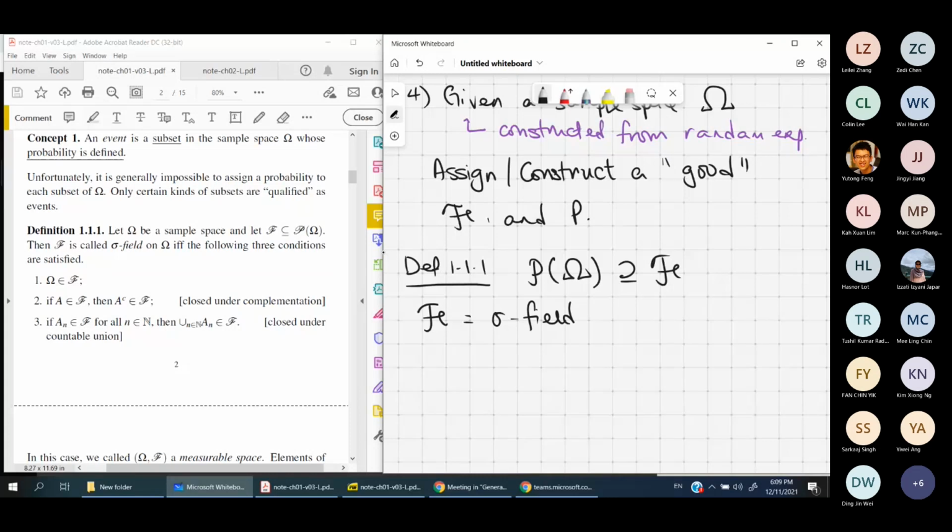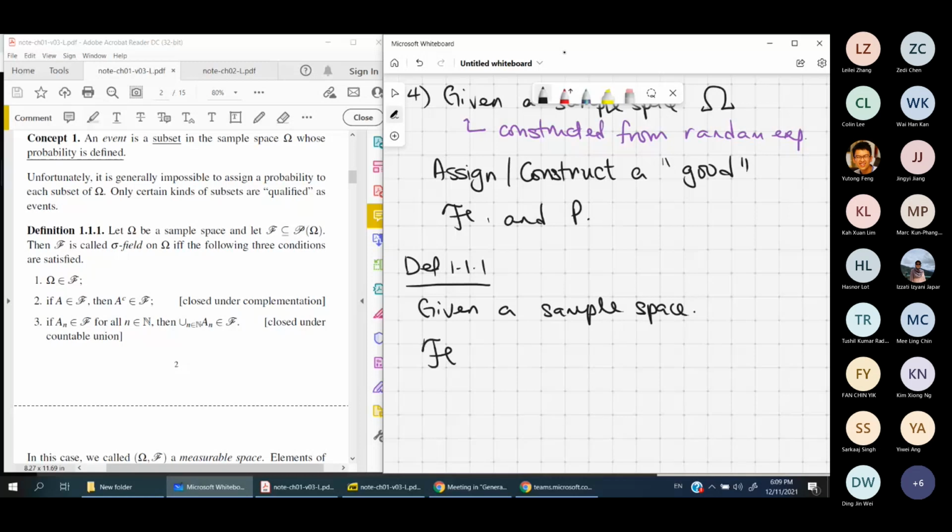Given a sample space, we have an object F. We say that this F is a sigma field on omega.